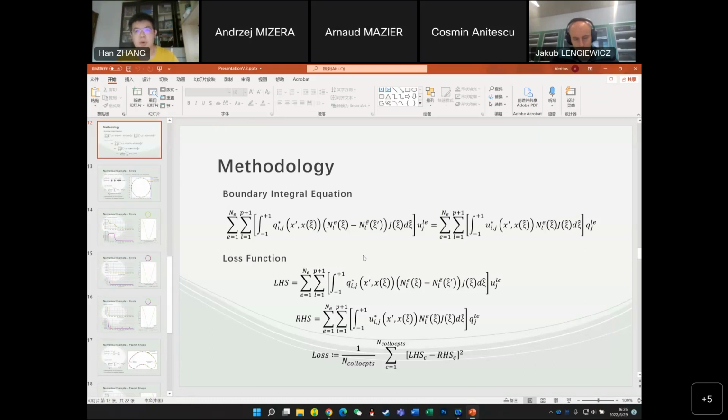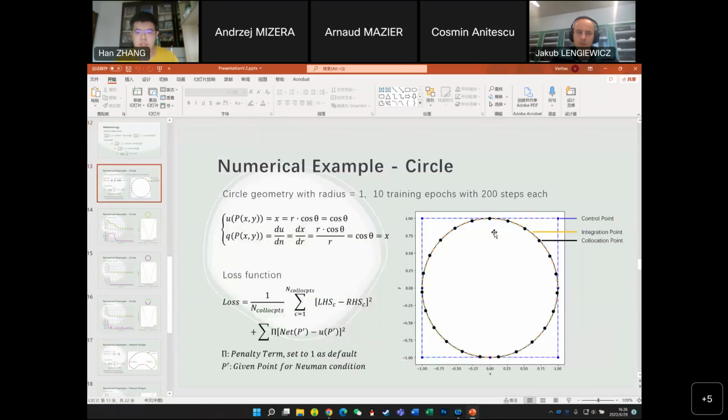Let me take an example. Let's say for this circle, we have this pure Dirichlet problem where we know all the temperature on the boundary, and we use the boundary condition together with the boundary integral equation to form the loss function. Then we input the geometry to the neural network.